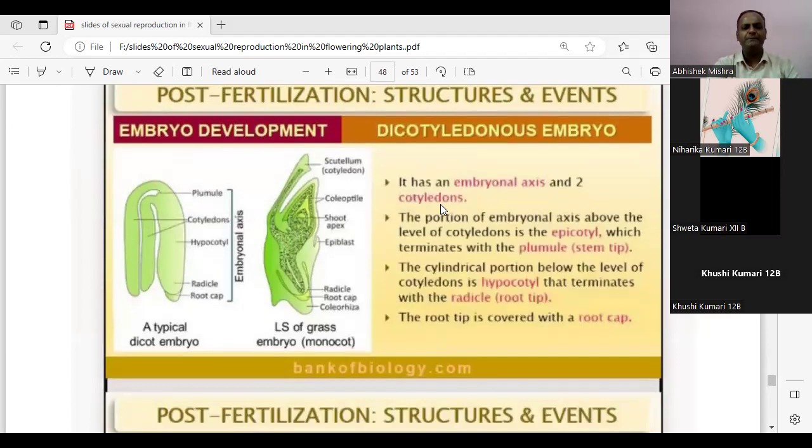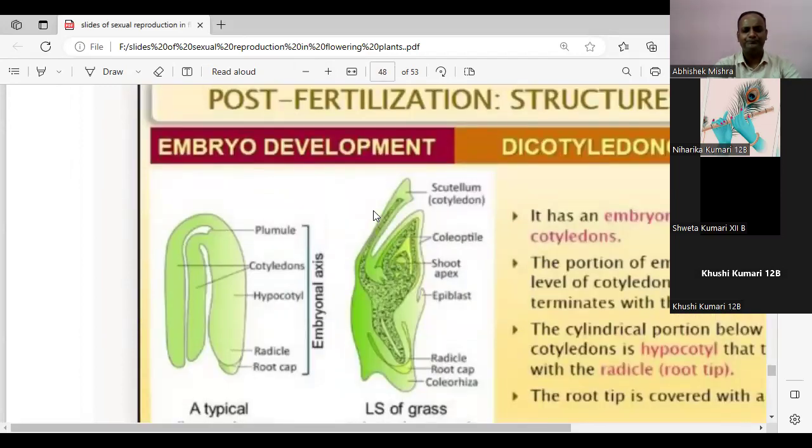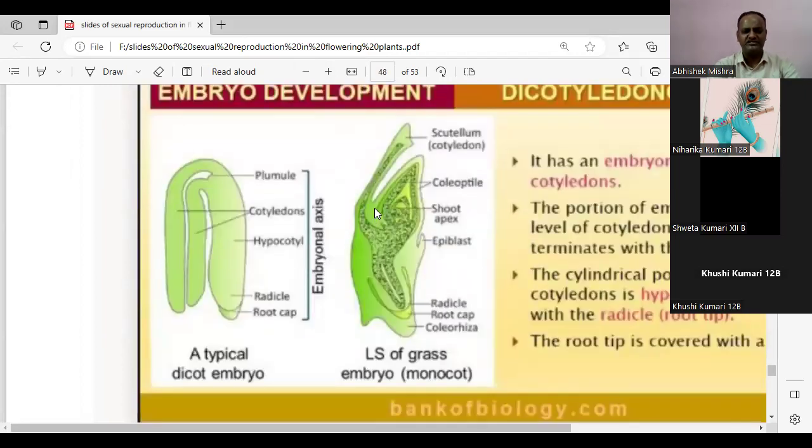Now, students, many parts of this you have studied in class 11 also. If I highlight this image, which is on the screen, can you recall which chapter you studied the dicot embryo and the monocot embryo in class 11?